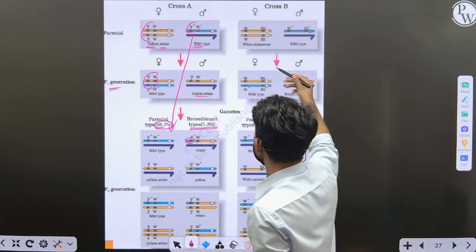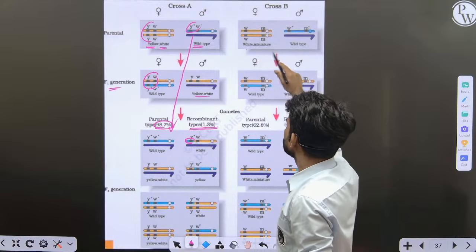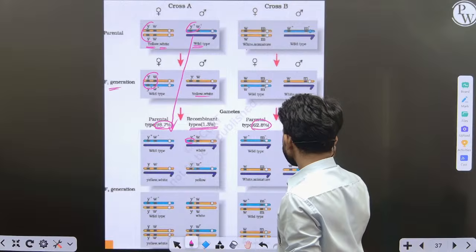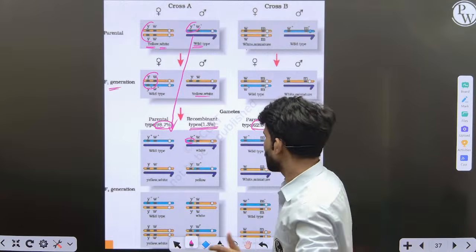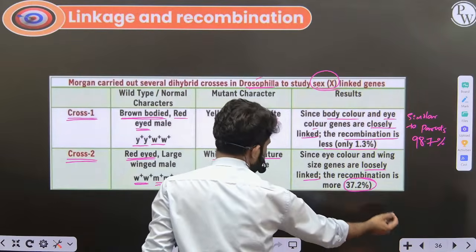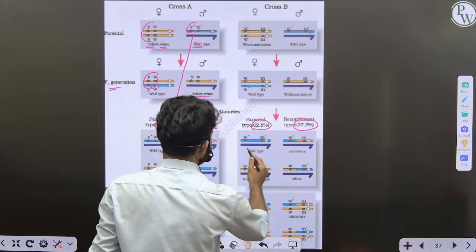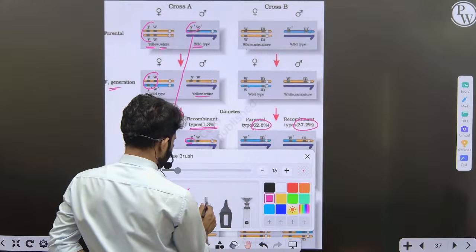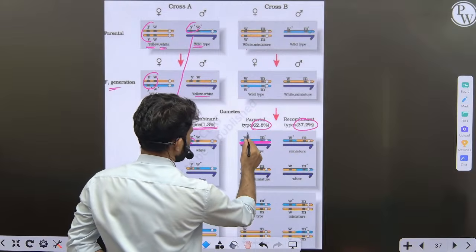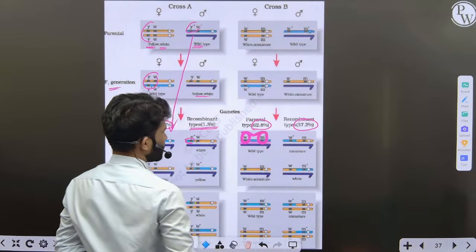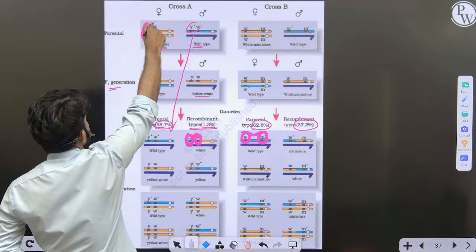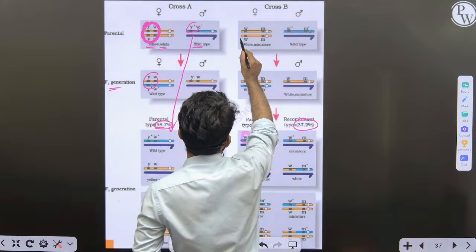But in the other case, where he has taken the wild type, the parental type is 62% and the frequency of recombination is 37.2%, where the genes are loosely linked. Here also you can observe the position of the genes. Here they are closely linked, but here they are distant.